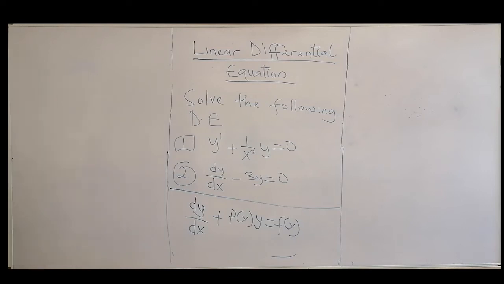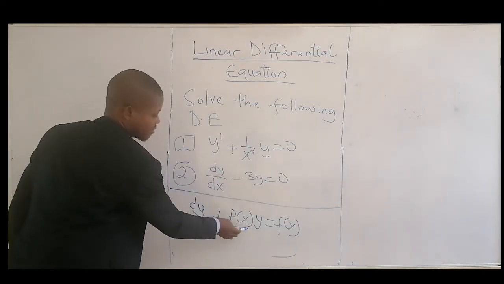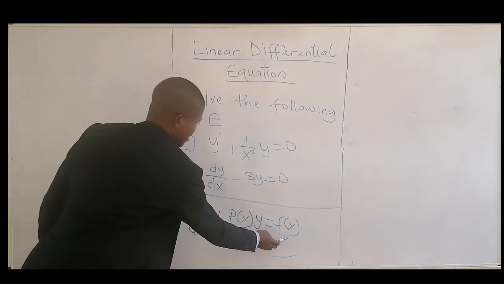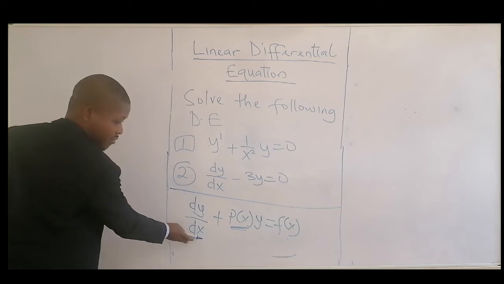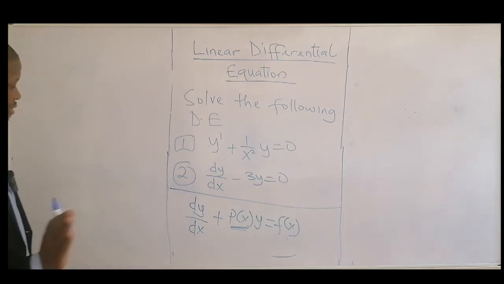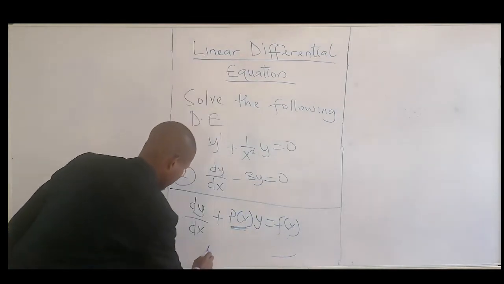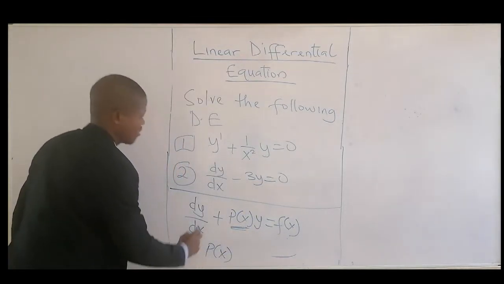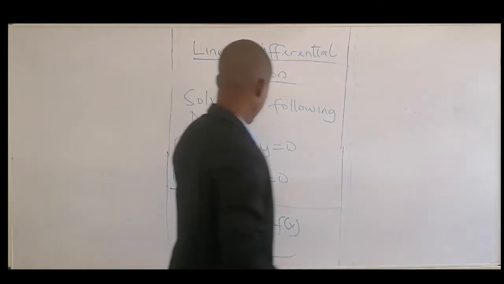Your y prime is your dy dx. Your attachment to your y is your p of x, and it equals f of x. So this is a linear equation. If it conforms to this, that is automatically a linear differential equation, where our p of x is 1 over x squared.